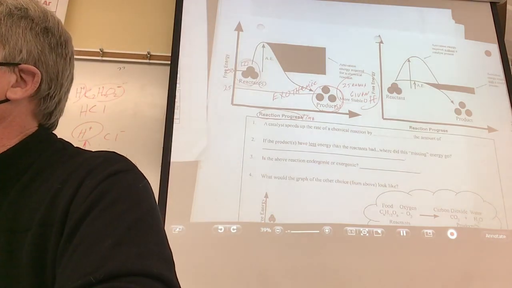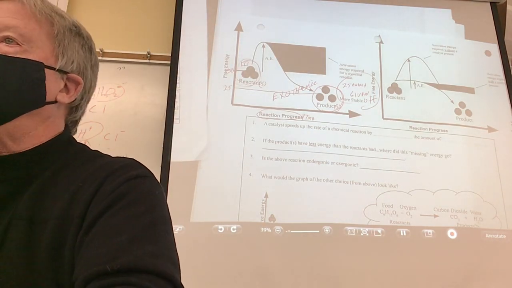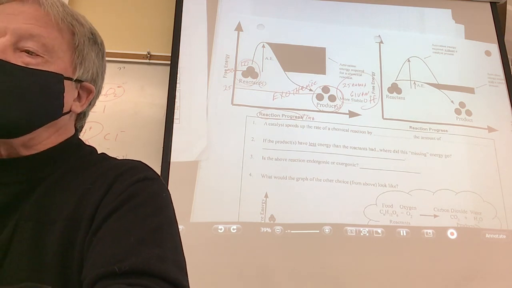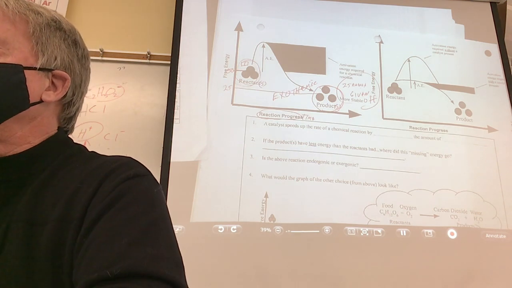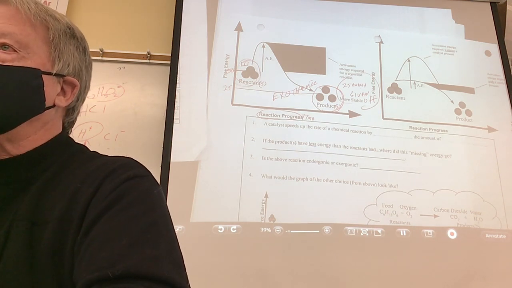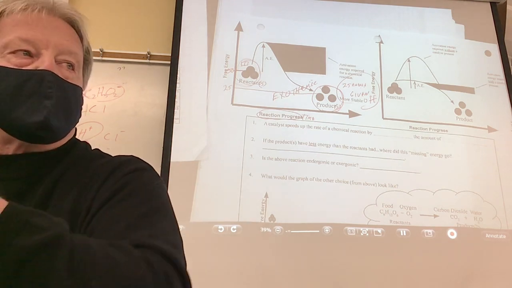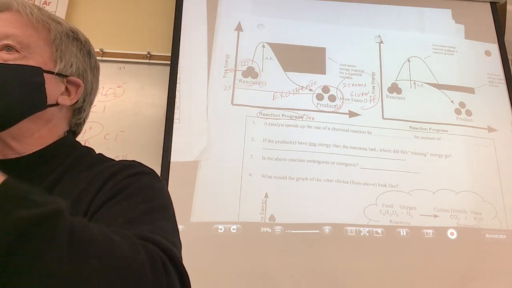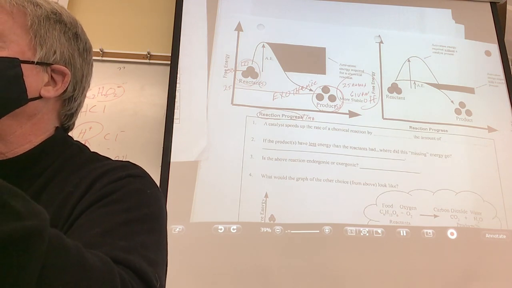It's called exothermic. If you're away from the school, where we have an ice machine, and something happens to your ankle and they want to put an ice pack on it, they might not have ice. Maybe the concession stand's not open. They have this little bag, and you crush it. That makes one chemical react with another chemical, and all of a sudden that bag gets really, really cold.